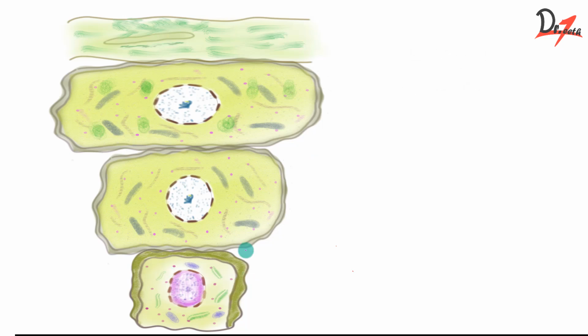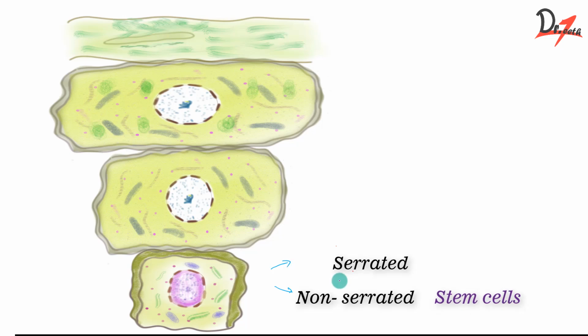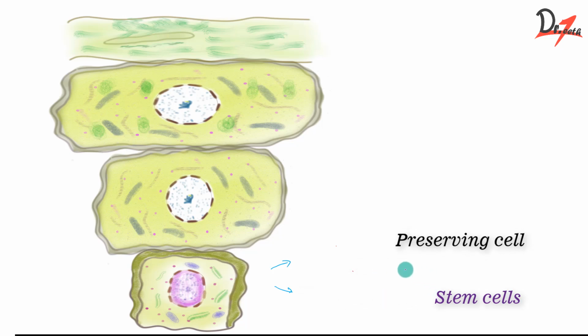Also, let us keep in mind that there are two subpopulations of the basal cell: serrated and non-serrated. The serrated one has a lot of tonofilaments in them, and the non-serrated one has slowly cycling stem cells. The stem cell also has two kinds of cell: the preserving cells, which preserve the genetic information, and the amplifying cells, which increase the number of cells for maturation.